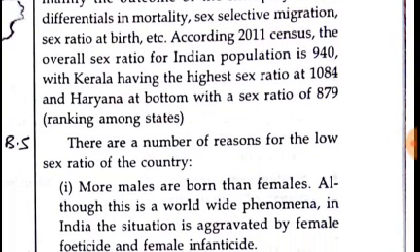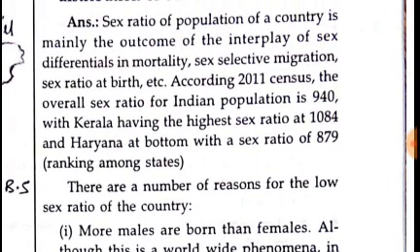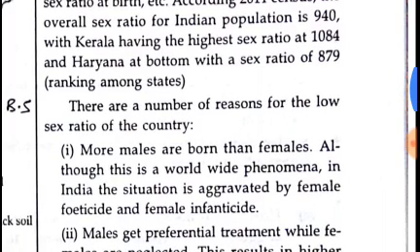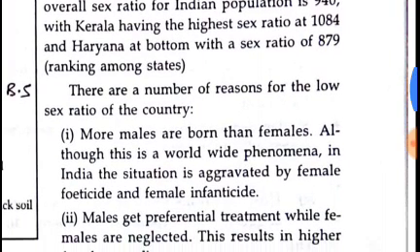And Haryana is at the bottom, because their sex ratio is very low, 879, but in the present time it has increased. It is now 930, I think, in 2018 or 19. So this figure has increased now because of the government's efforts.